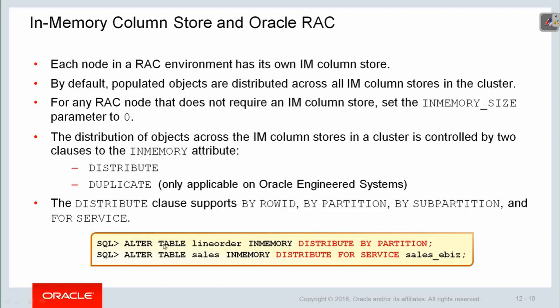We have ALTER TABLE name INMEMORY DISTRIBUTE BY PARTITION. So we can convert data into columnar format at the partition level and then spread. One partition of data is stored in instance 1, another partition in the second instance, another partition in the third instance, and so on. Or even at the service level as well.